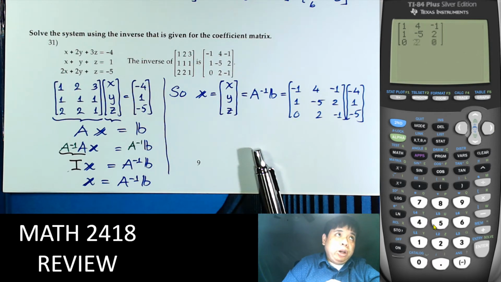Using reduced row echelon form is a more efficient way to solve things. Right, I check. Well, I'm glad I check before I hit enter.